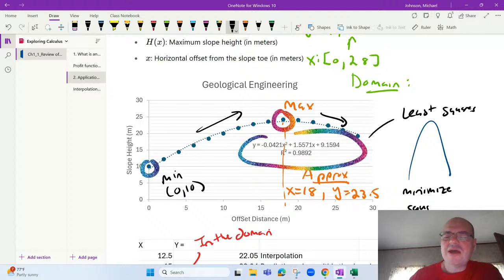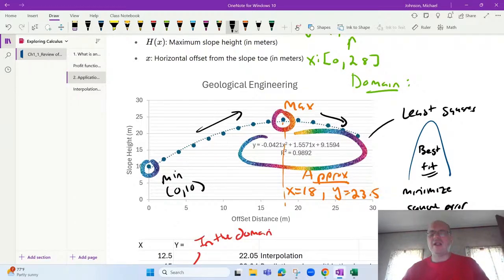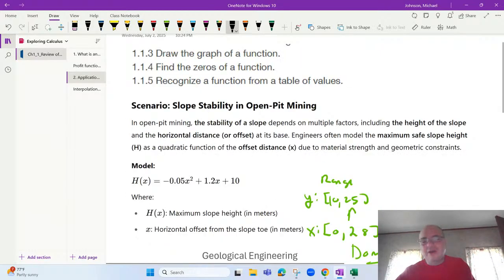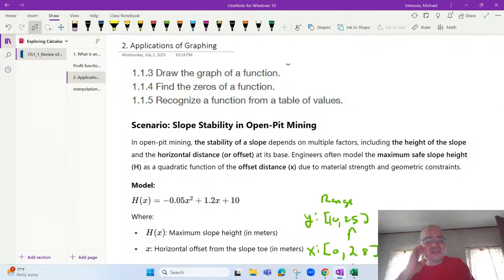So when you minimize square error, you're getting best fit. The quadratic here fit this data very well. If I generated data that did not fit this data well, I would look at a different functional form, and we'll see different functional forms as the class continues. I came up with 2 quadratics for the first examples.